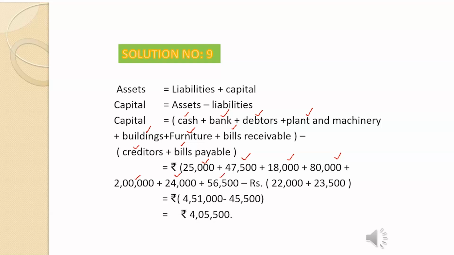Minus the liabilities: creditors value 22,000 plus bills payable 23,500. So the total asset value is 4,51,000, liability 45,500. The difference between these two, the amount of capital, is 4,05,500. So capital is equal to assets minus liabilities. Okay.